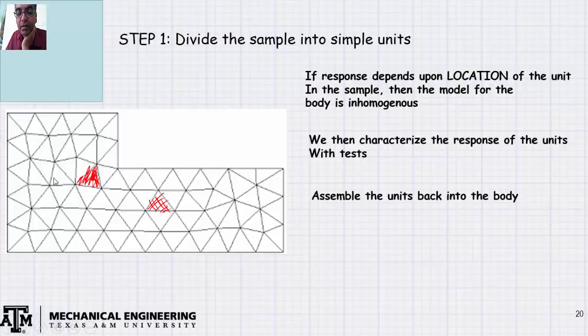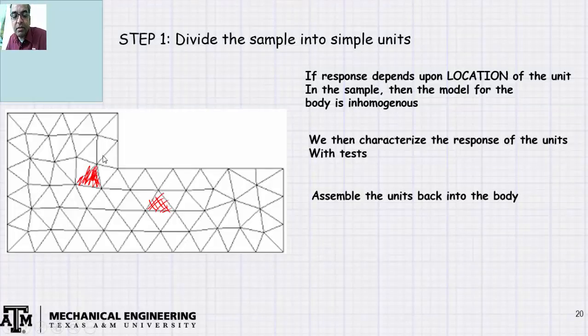If the responses of this piece and this piece are different, then it is inhomogeneous. That's how we define it. If the responses of any two pieces are the same, then the body is said to be homogeneous. If the responses of any two pieces are different, then the body is said to be inhomogeneous.